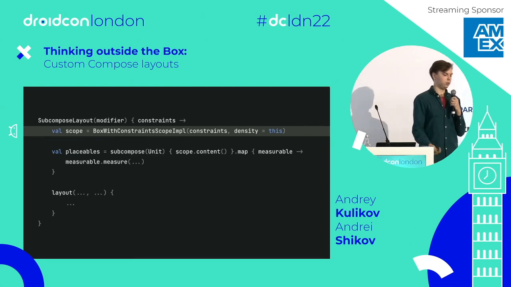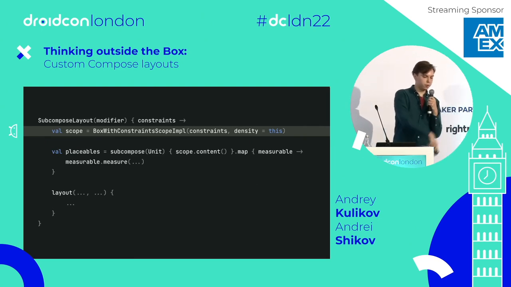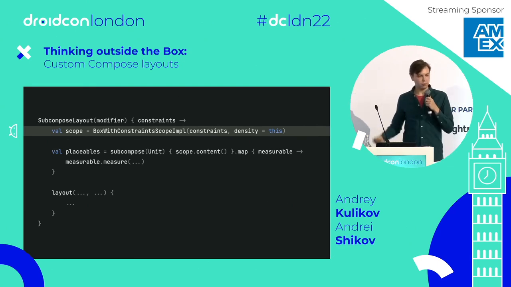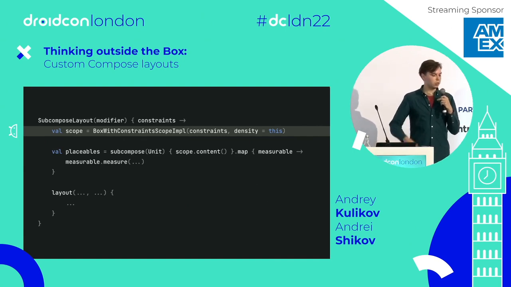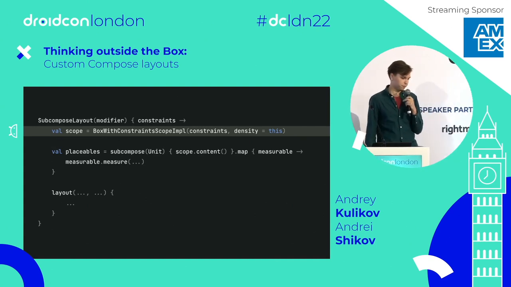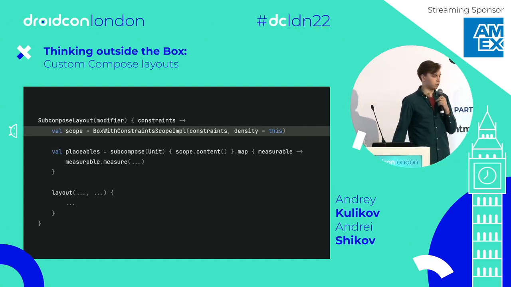And you can command click a bit further to find where it's defined. Here we use the subcomposition with the key Unit, so it's always the same place. And this subcomposition will create a list of measurables, and we can use these measurables to later continue layout logic as we usually do with Box. So that's BoxWithConstraints, the simplest example of subcomposed layout there exists.